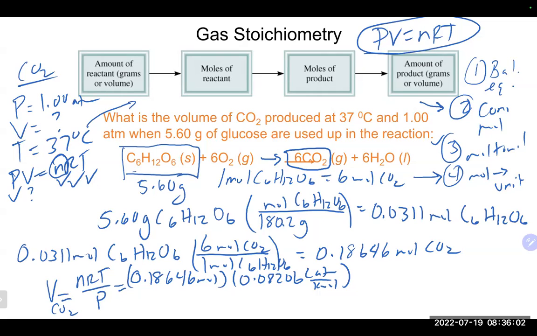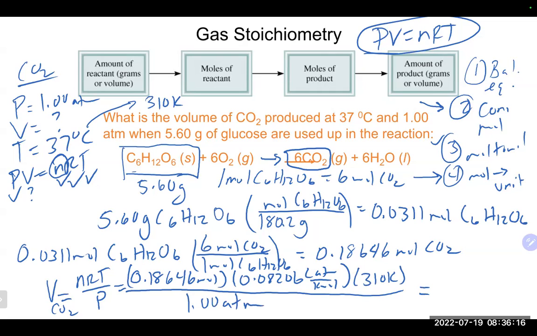So that's 37 plus 273, which is 310 Kelvin. All divided by our pressure, which is already in atmospheres, so we're good on that, which would be 1. So in this particular case, we will end up with 4.74 liters of CO2.